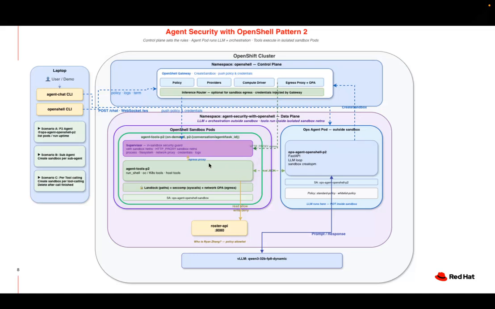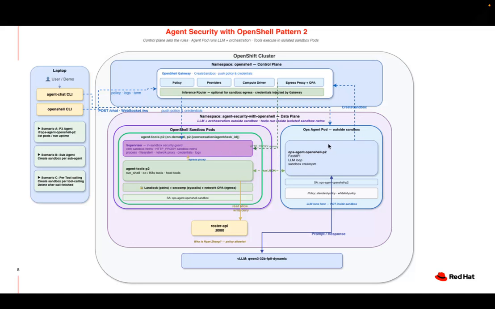This is the detailed architecture of the demo application. On the right side, I have an agent chat again, and there are a couple of scenarios. I will run through them to show how you can run it in a scalable way to achieve scalability.